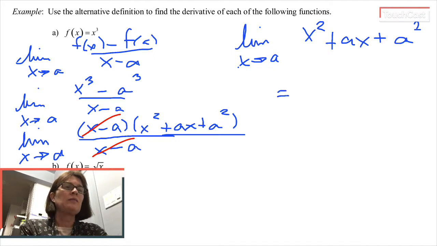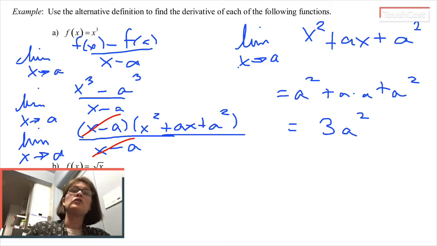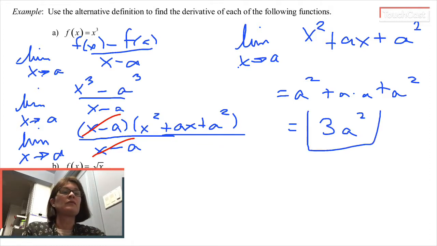That's going to be a squared plus a times a plus a squared, which is going to be 3a squared. So the derivative of x cubed at the place where x equals a is 3a squared. Final answer.